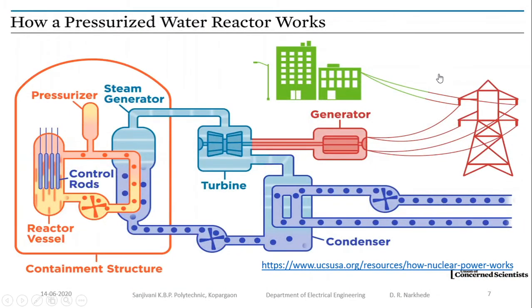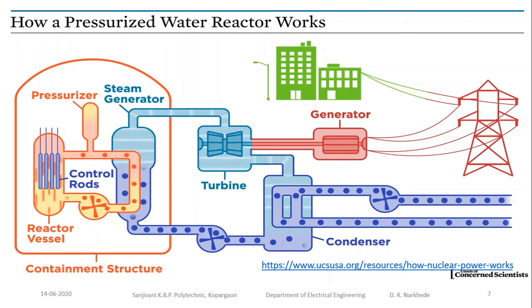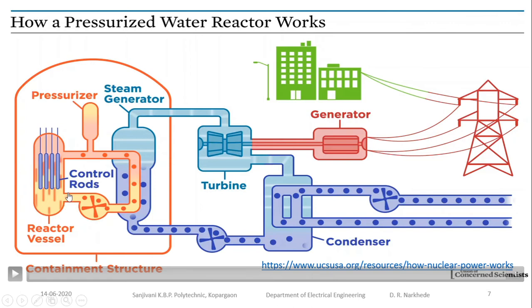In the pressurized water reactor, the fuel used is enriched uranium oxide clad in zinc alloy, and the pressure vessel is made of steel.